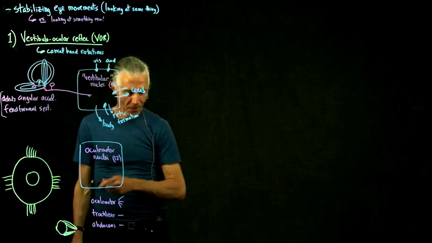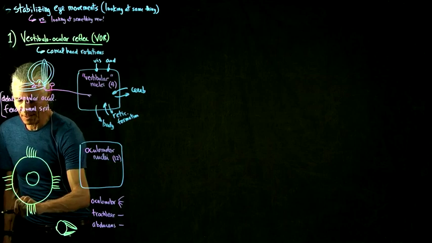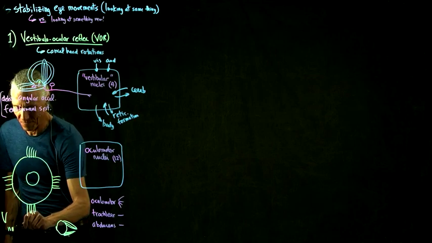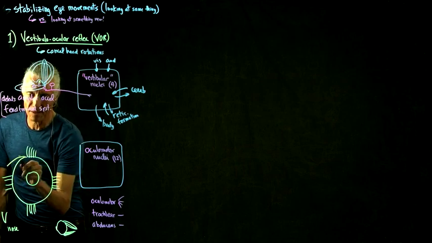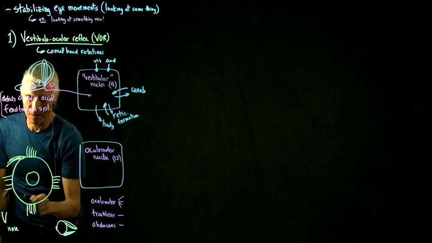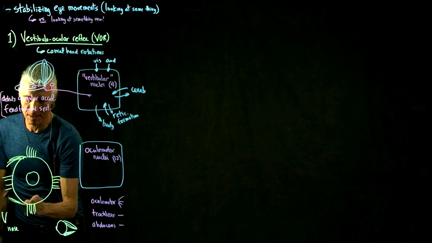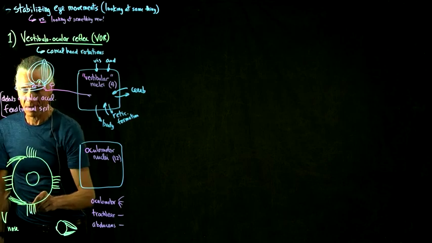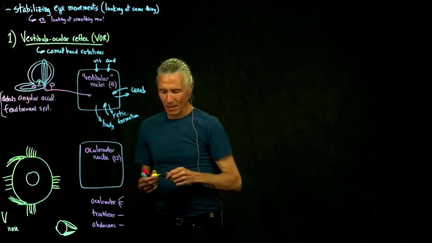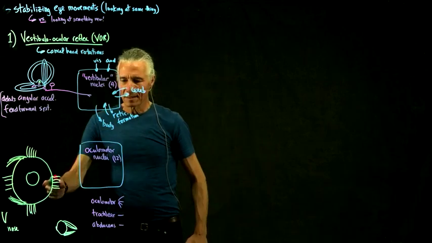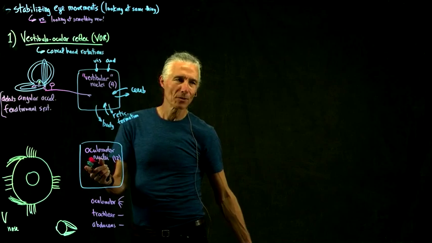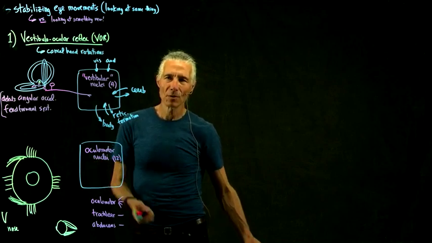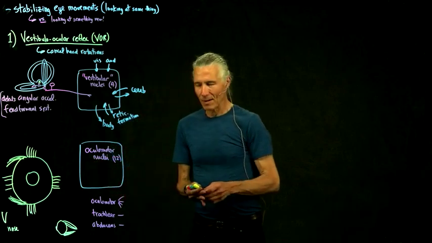And then, if this is the nose here, you've got 2 muscles like this that rotate the eyeball. So those are the 6 muscles for one eyeball, but then you've got 2 eyeballs, so there's 12 total signals that have to come out.